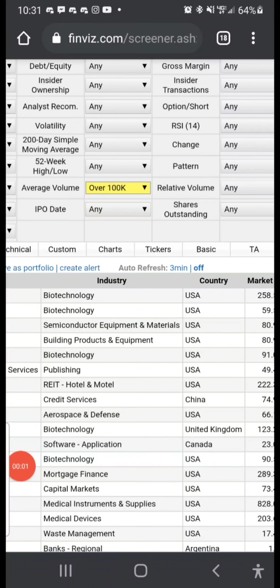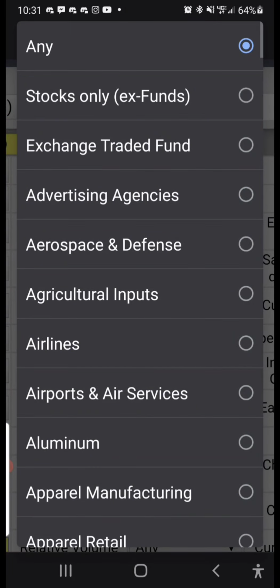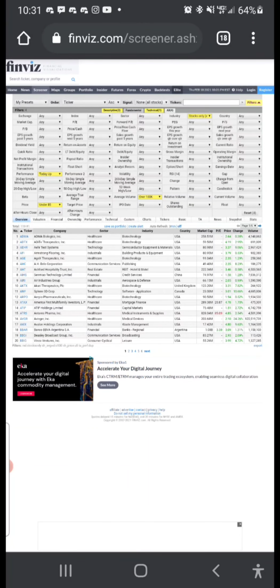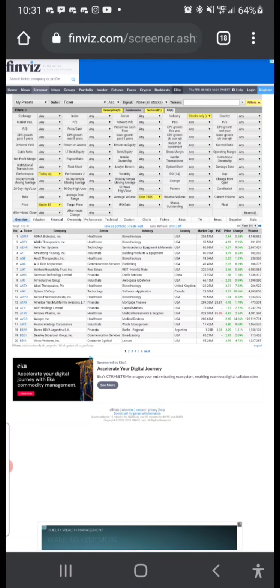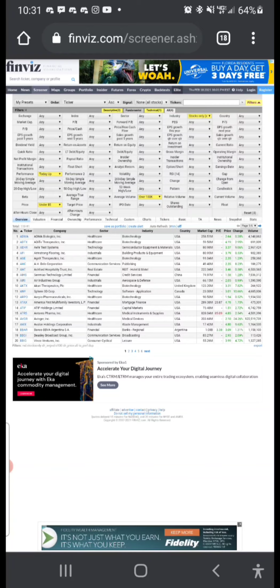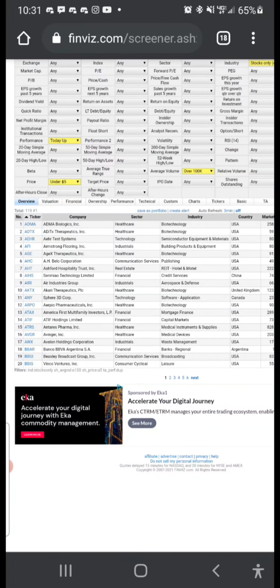So now that we have our volume, we're going to go to industry and click stocks only. You can do so much with this. This is just an example. So this is all the stocks today that were up, under $5, had over 100k, and were just stocks. So there was 119 total, right?